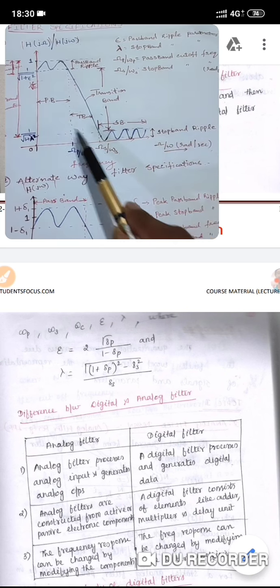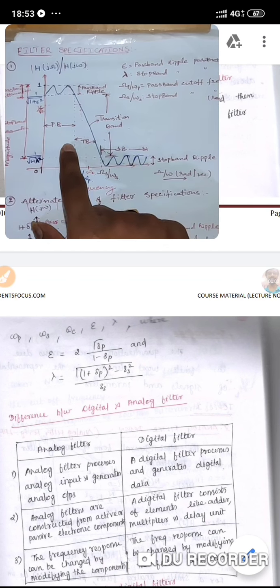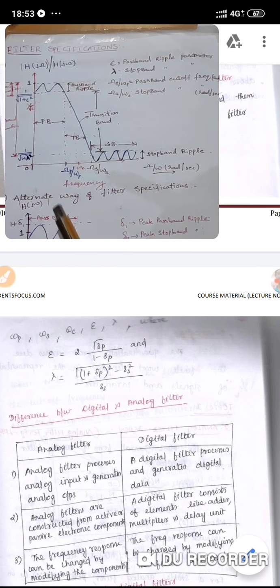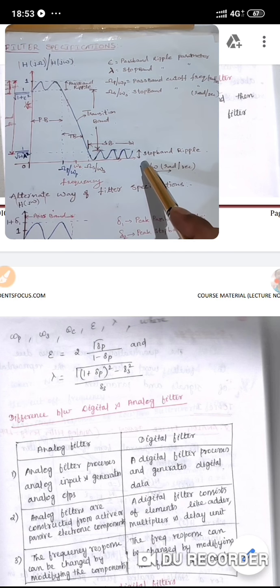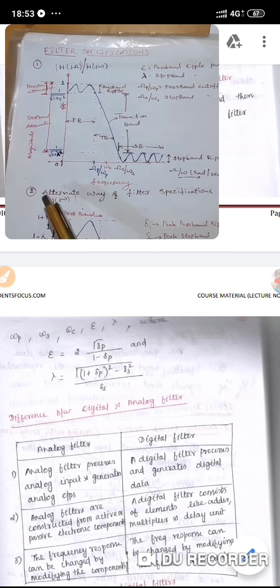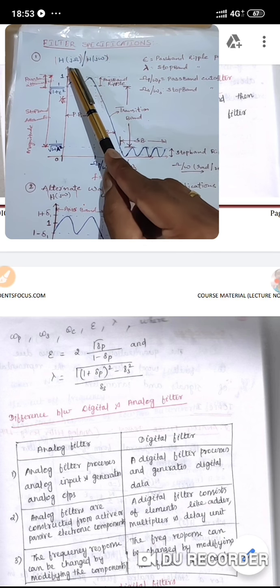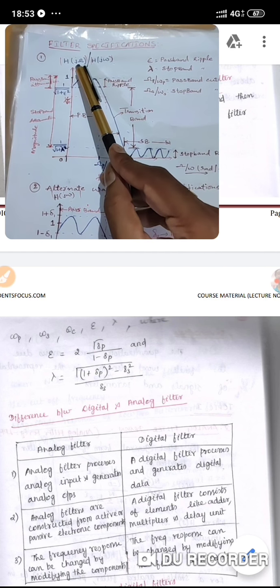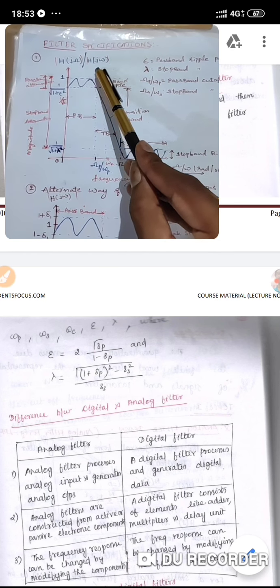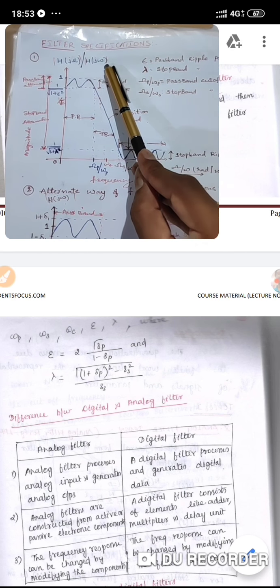This is for the low pass filter. From the specifications you can see that on the x-axis we took frequency, and on the y-axis we took the magnitude of H of j omega for the analog, and mod of H of e to the j omega for the digital filter.